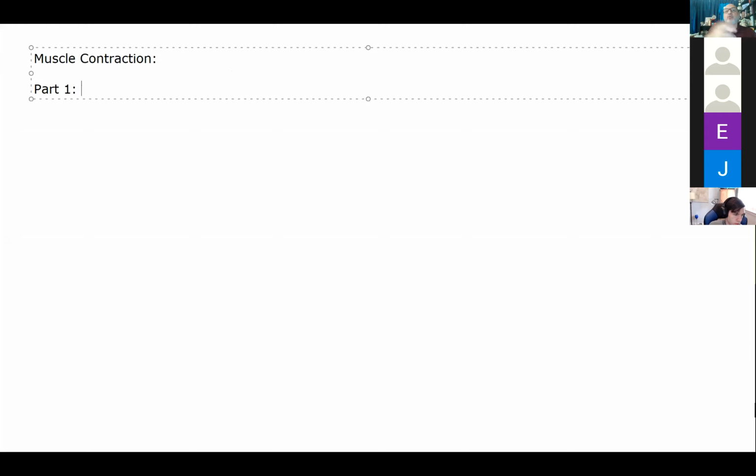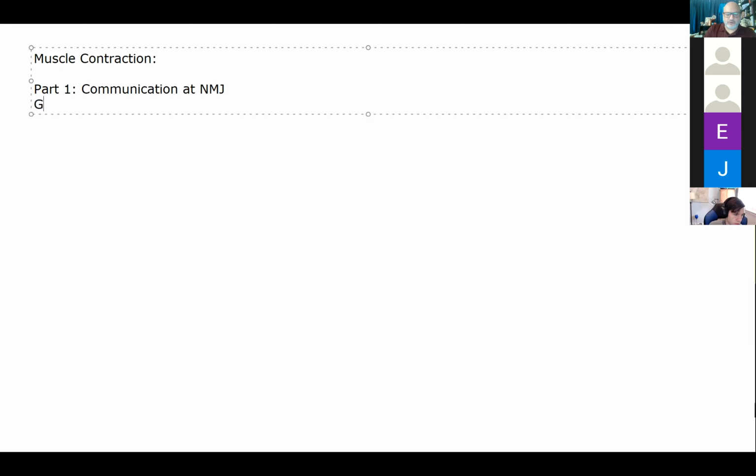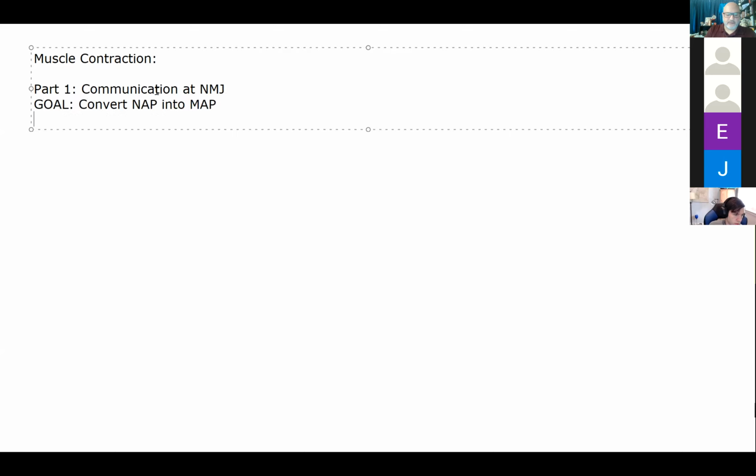Initiate shall we turn on, but what is the first step we need to turn on? Communication at the neuromuscular junction. Excellent. And of course, what is our goal here? Convert NAP into a MAP. Excellent. Perfect. Step 1.